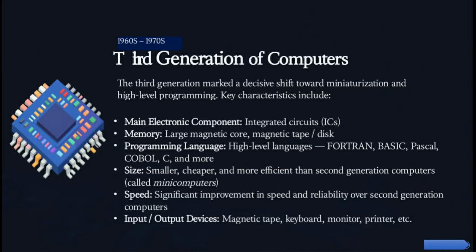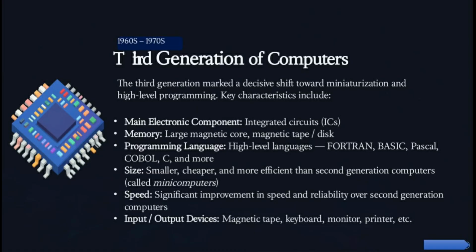So number 2 is memory and storage. The second characteristic is memory and storage. Third generation computers commonly used magnetic core memory for their main memory. They also used magnetic tape and magnetic disk for storing larger amounts of information.